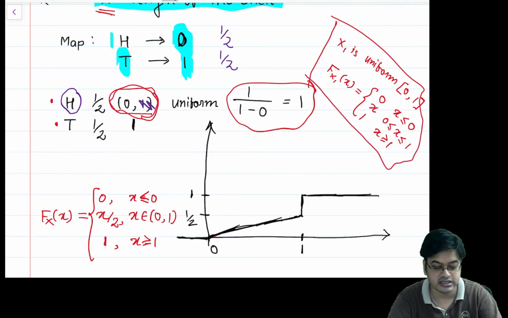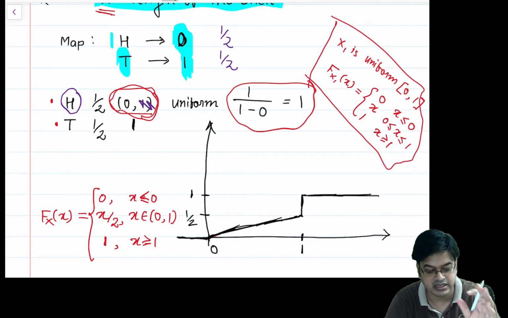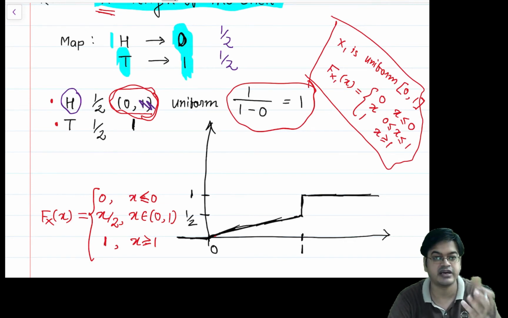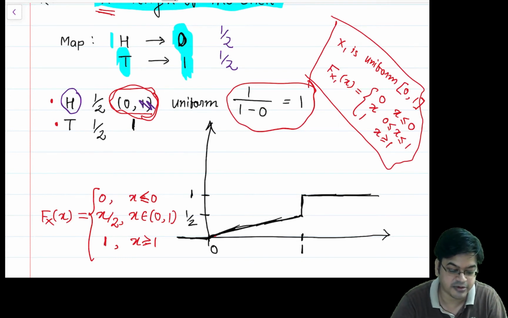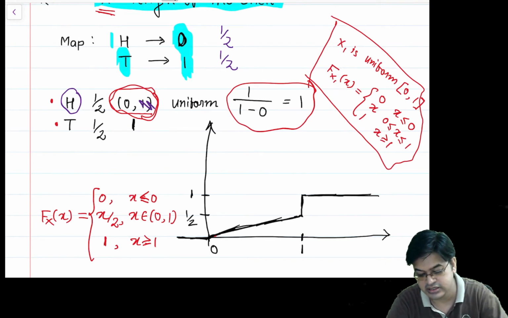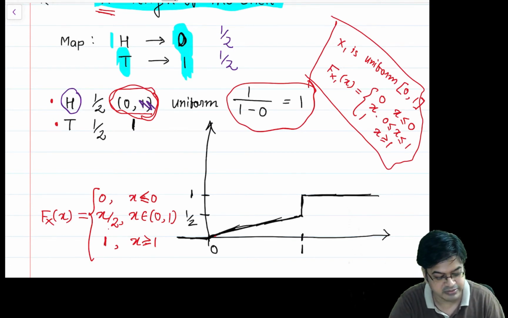So if X1 is uniform, then this is the cumulative distribution function. In this case it is not uniform, but partially, when head occurs, it behaves as if uniform. So you can put this as a conditional probability: conditional on head it is uniform. This will have a probability half, and therefore x will be multiplied with x by 2.